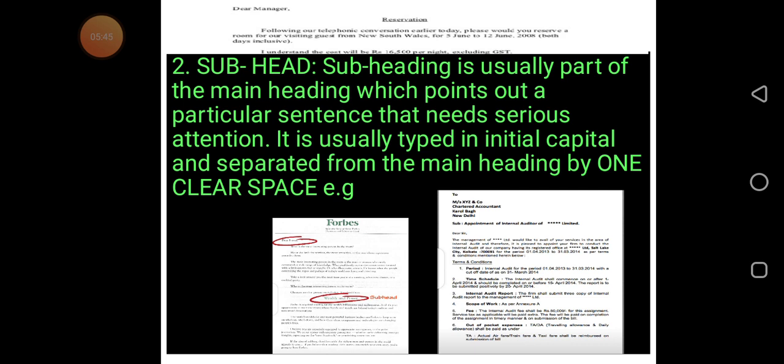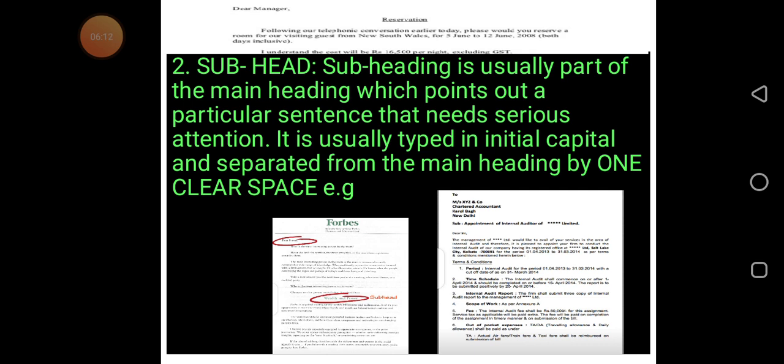Since it's pointing out a serious topic that needs attention, we call that a subheading, because you already have your main heading, which can only be one. The next one you have is your subheading. The subheading also allows the reader to find information relevant to them quickly.